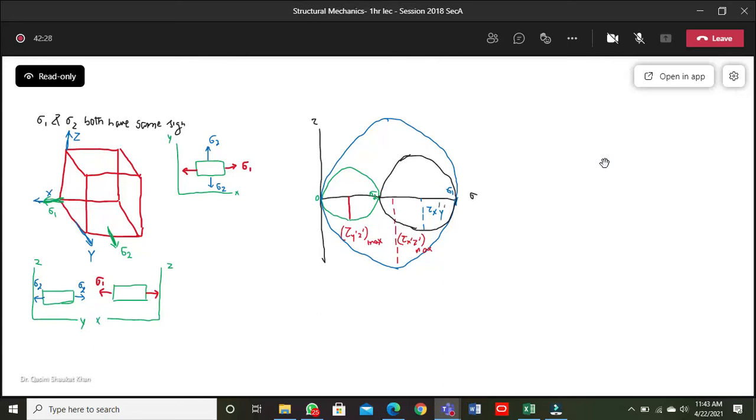Is this clear, guys? If you have any query, please ask me now. Is this clear? So now in this case, your absolute maximum shear stress is this one, tau absolute.